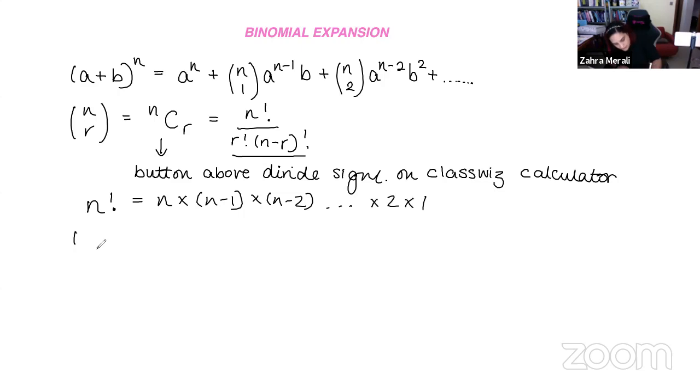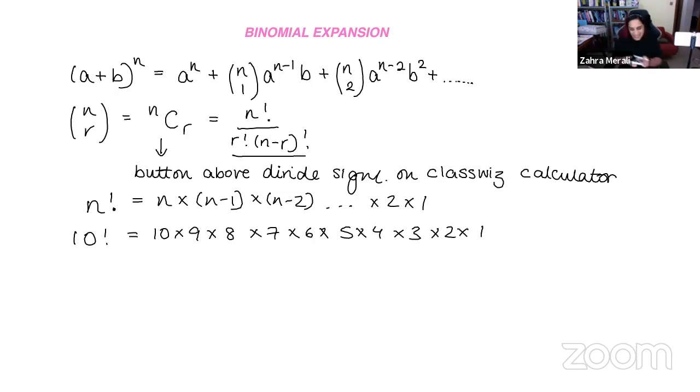So for example, 10 factorial is 10 times 9 times 8 times 7 times 4 times 3 times 2 times 1. And again, you have a factorial button on your calculators. It's below the x squared button, but I wouldn't worry about it. You tend not to use it that often. So the nCr button is the bit that's really important.